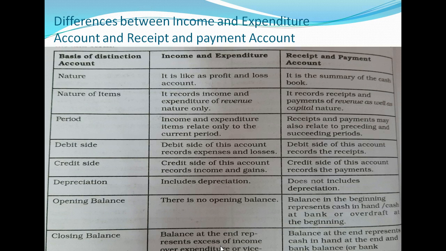Closing balance: the balance at the end of any particular accounting period represents excess of income over expenditure or excess of expenditure over income, and receipts and payments account shows the balance as cash in hand or cash at bank at the end of the year. Sometimes it may be a bank overdraft.